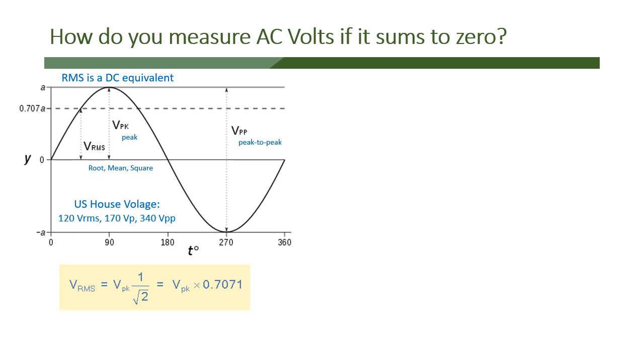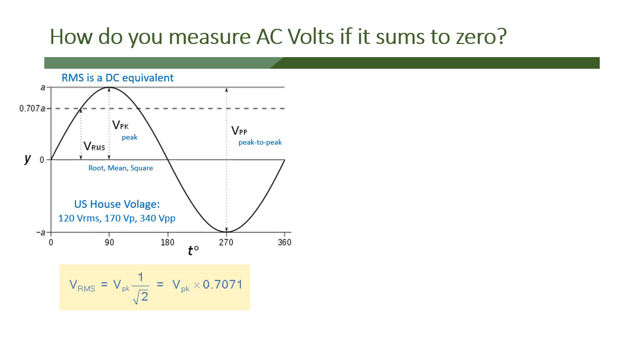So if we were to sum this voltage, it would be 0 from a DC point of view. So our meter is not going to be able to function that way. Even an AC meter, excuse me, the AC side of a meter is basically doing a conversion to make it appear to itself as being DC. And so what do we do? We have agreed conventionally to use a method called root mean square.